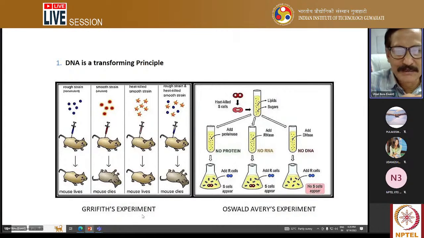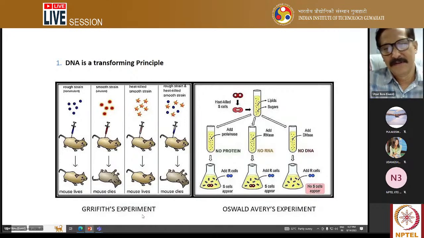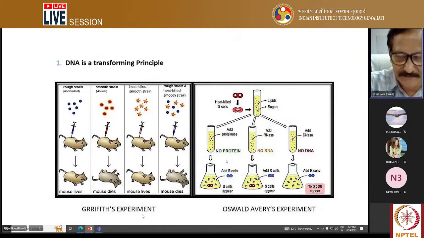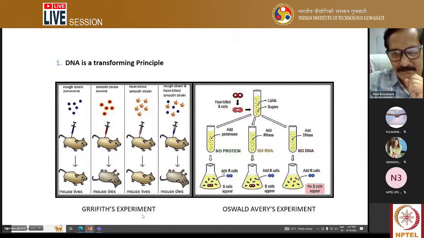So what they did, they took heat-killed smooth cells, as you can see in this picture, and they added proteinase. Proteinase will destroy all the protein molecules. So if protein is the disease-causing factor, then the rough cells should not be transforming into smooth cells.